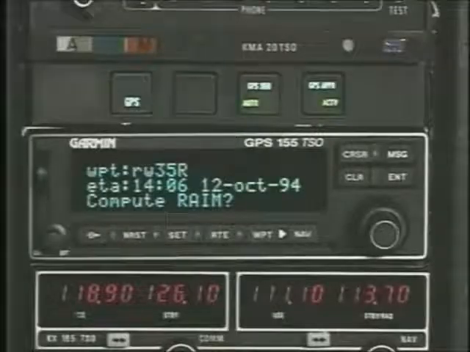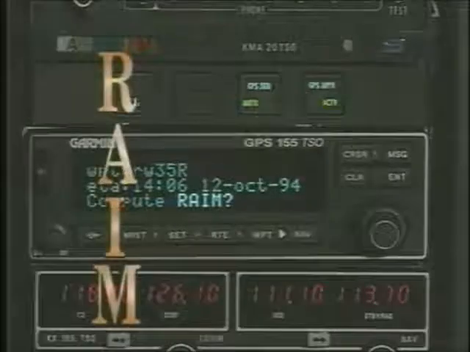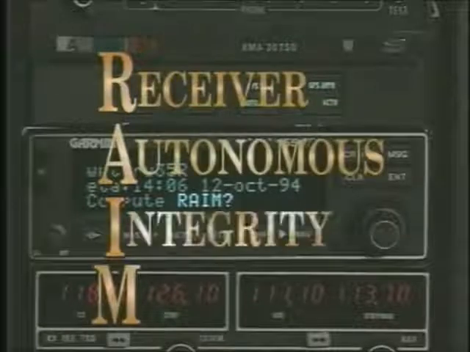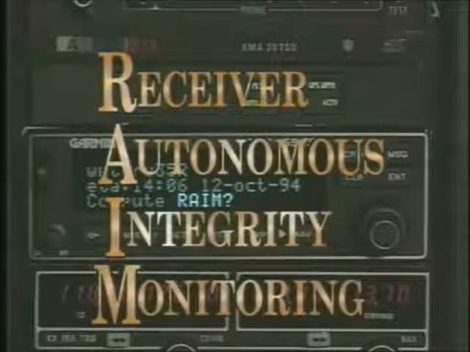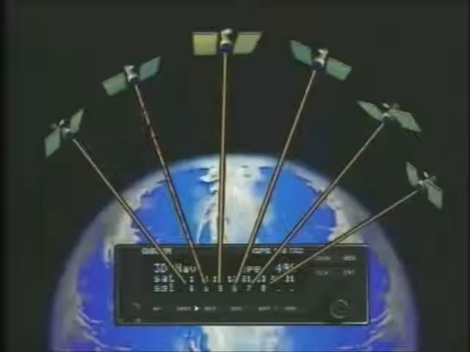It is also your responsibility to verify that a panel-mounted unit has been properly installed and maintained in accordance with the AFM or POH. You should also be aware that GPS systems utilize Receiver Autonomous Integrity Monitoring, or RAIM. RAIM checks the integrity of the navigation solution and alerts the GPS user to a position error.